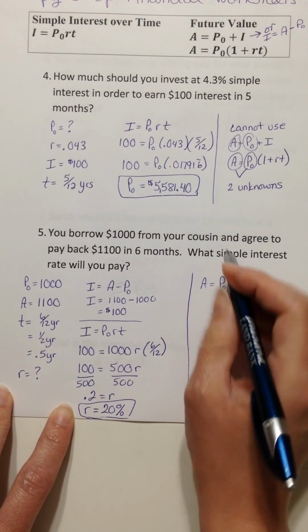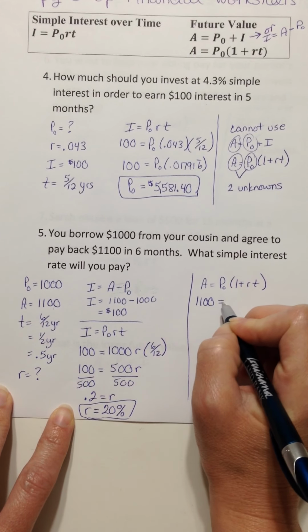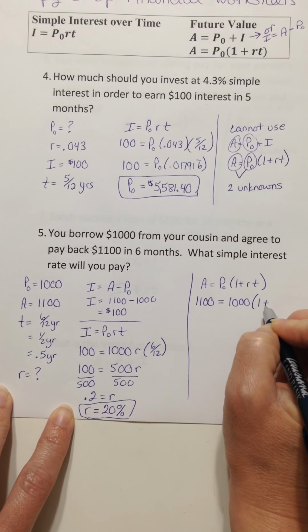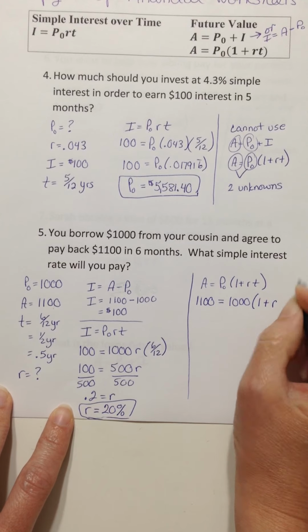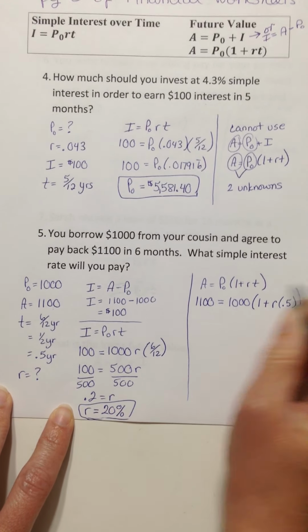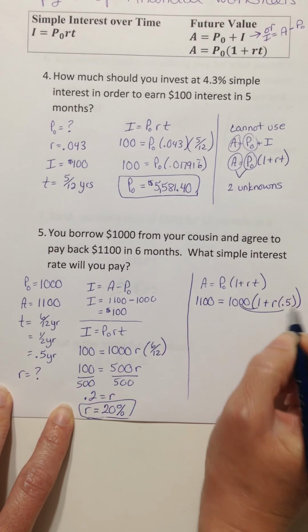If I chose to do this formula, that future value is 1,100, P is 1,000, and we'll have 1 plus the rate is unknown. Now this time it doesn't matter, I can use 6/12, 1/2, or 0.5, I'll use 0.5. These are not like terms, you cannot add those, so you have to distribute.